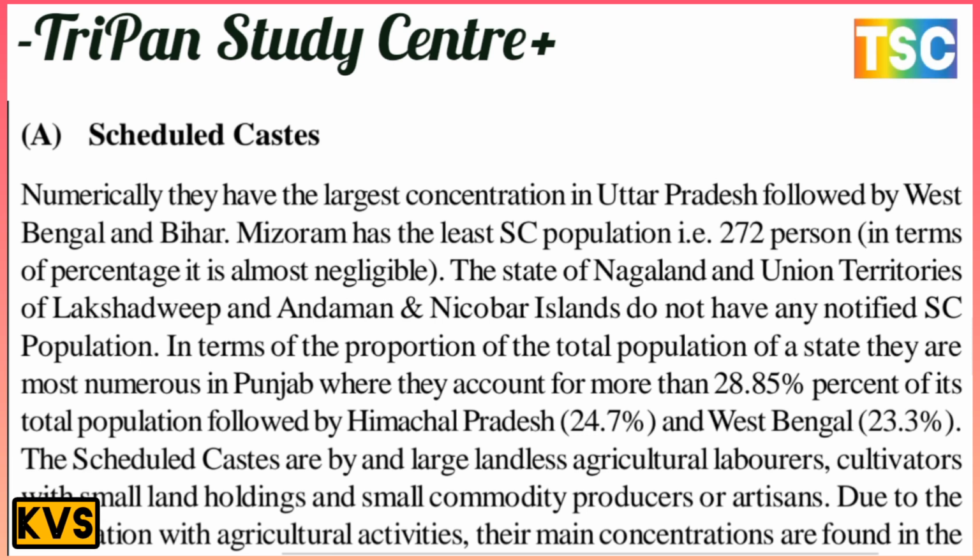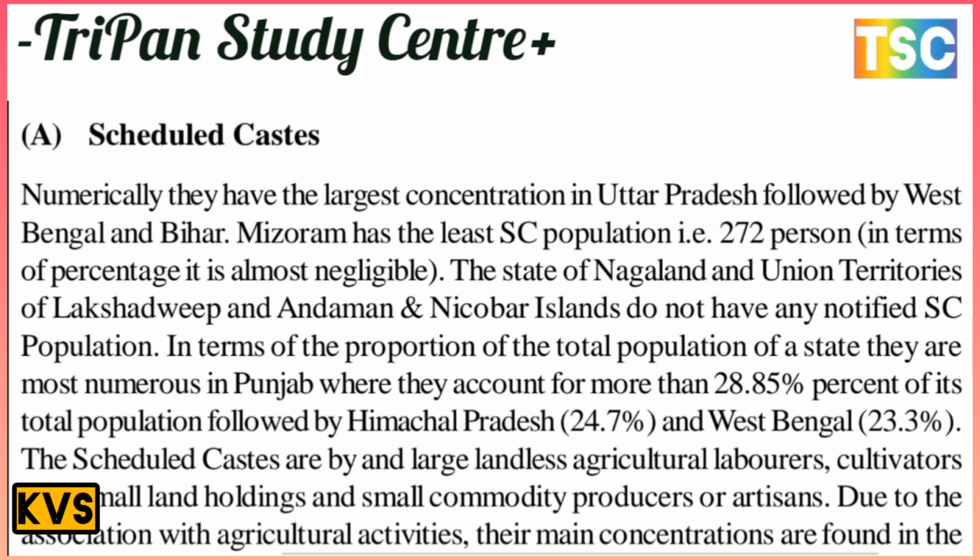In Himachal Pradesh the SC population is 24.7%, and in West Bengal it is 23.3%. The scheduled castes are mostly landless agricultural laborers, and cultivators with small landholdings, or they pursue work as artisans.